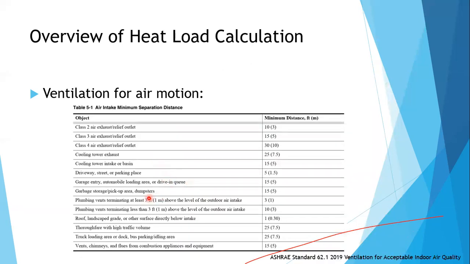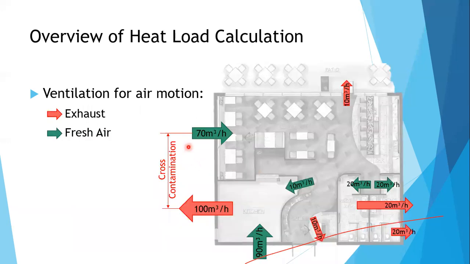You can also see some of the other areas where it requires more. For example, if you have a thoroughfare or high traffic volume, 7.5. Truck loading or bus loading, 7.5. So usually it's about 5, 10, 7.5. So for here, cross-contamination for kitchen to the fresh air is about 5 meters.